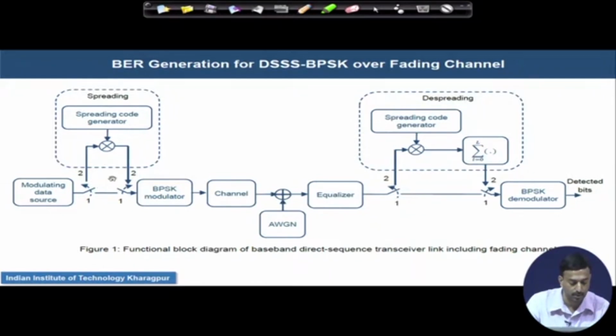So we are going to switch over to position 2, and then we have a spreading code generator which will be multiplied with the incoming bipolar data. This, as we shall see, is going to be a Walsh-Hadamard code once again, and we are going to take a length of 4.